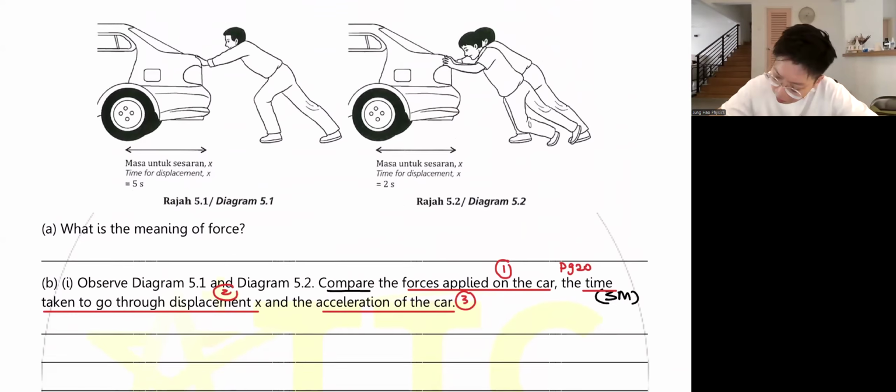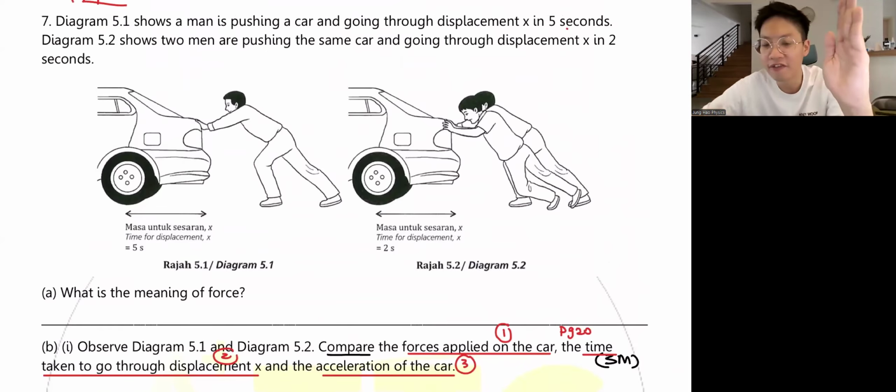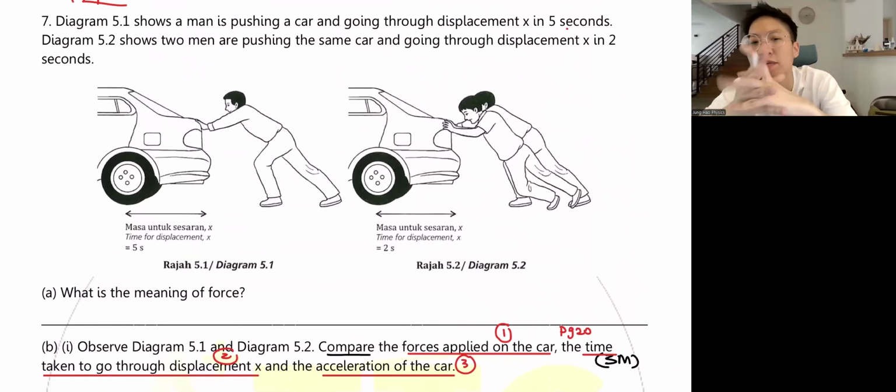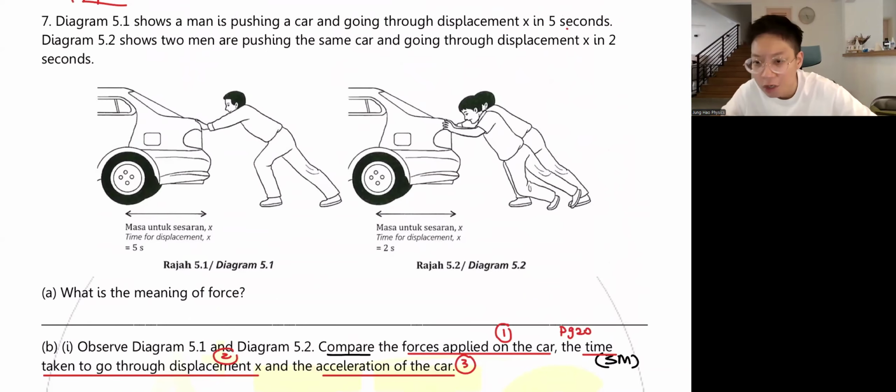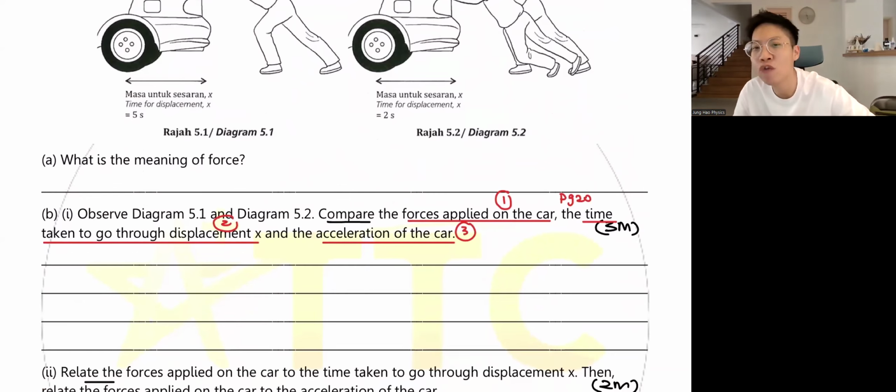Number one. So guys, do you think 5.1 and 5.2, who got more force? How do you know 5.2 got more force? Because you got two people, right? More people. So you all don't be so fierce.